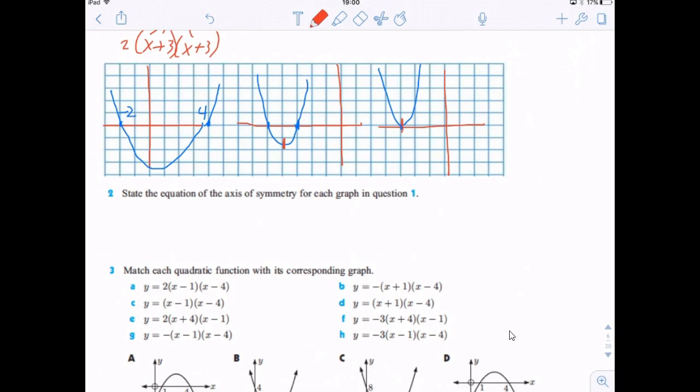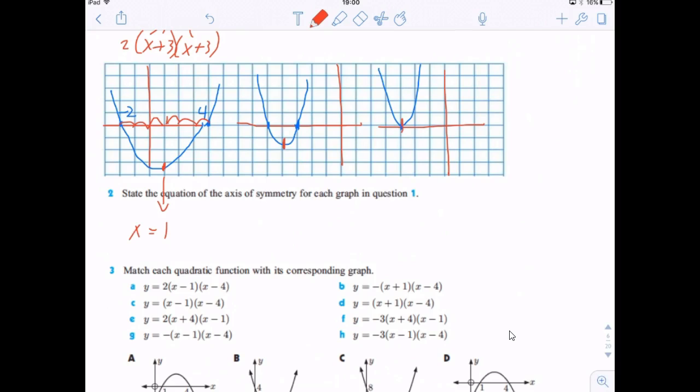So negative 2 to 4, my sketch is not really good, so I can't really see where the vertex is. So what I'm going to do is count in from the x-intercept. So I count in 1, 1, 2, 2, 3, 3. And so I can see now that the vertex is actually here. Okay? So this vertex is at x equals 1, right? Why isn't it y equals 1?